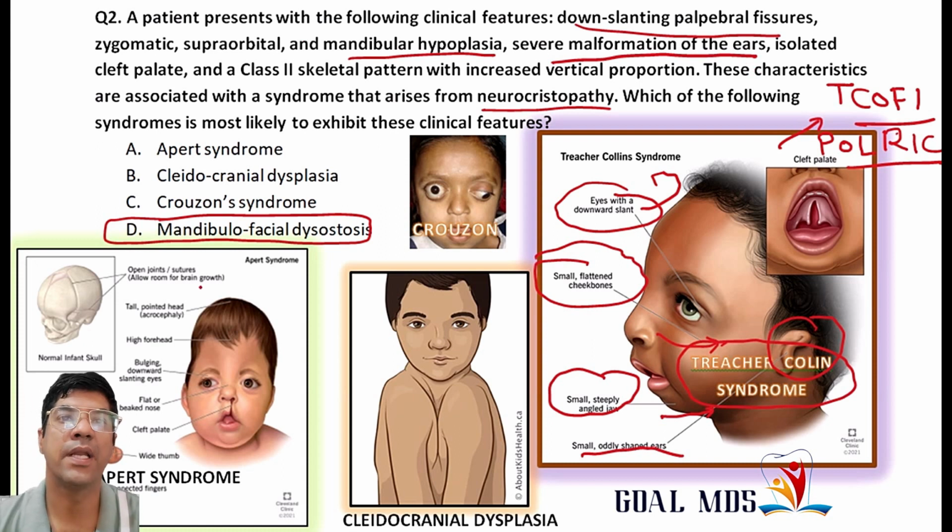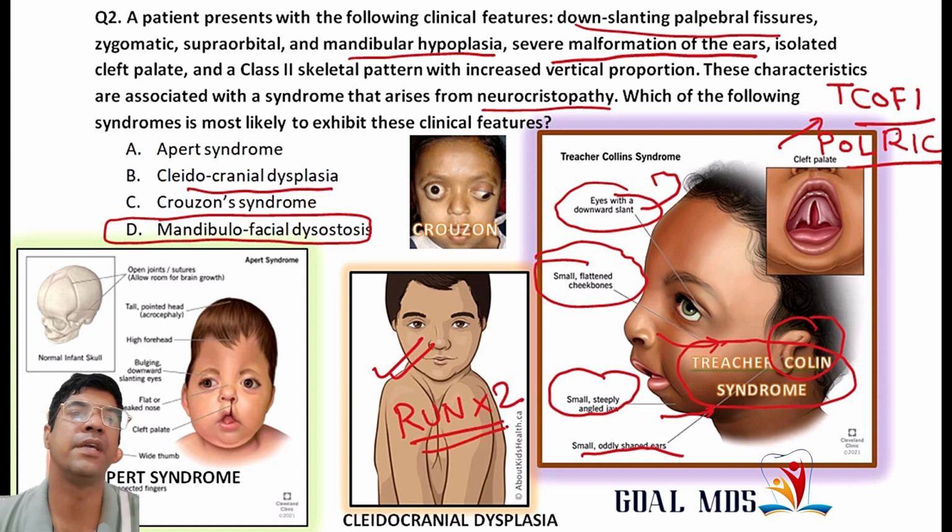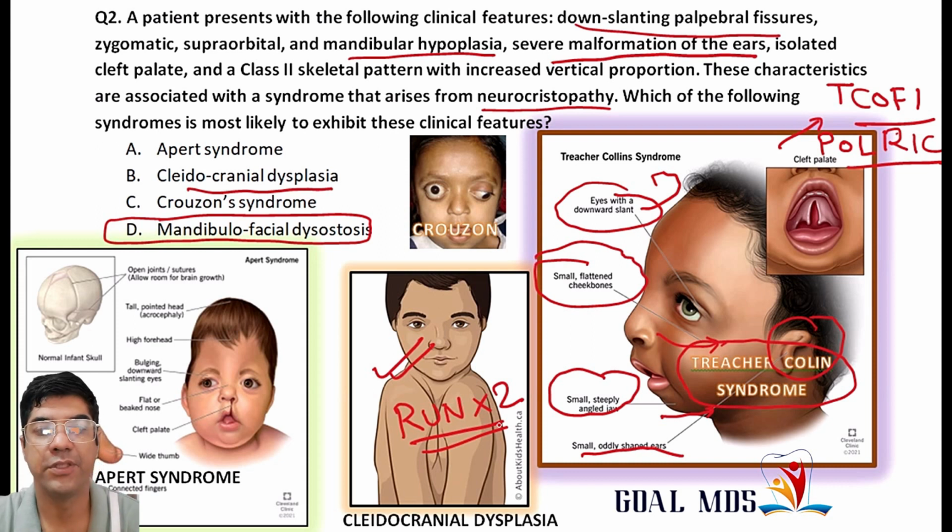The other is cleidocranial dysplasia. Option B, cleidocranial dysplasia, occurs due to mutation in the RUNX2 gene. So which gene is associated with cleidocranial dysplasia? It is the RUNX2 gene.